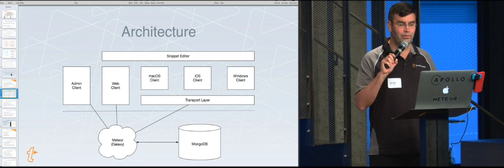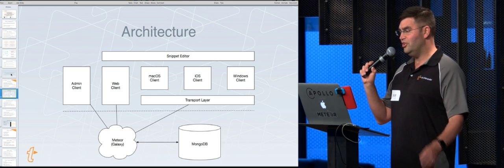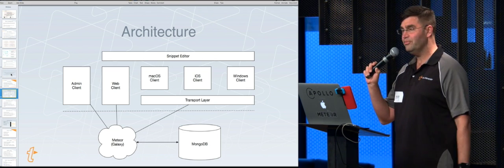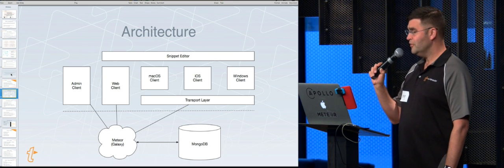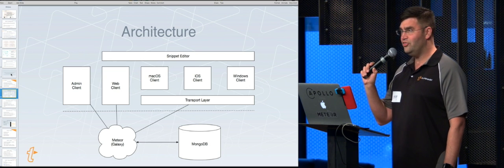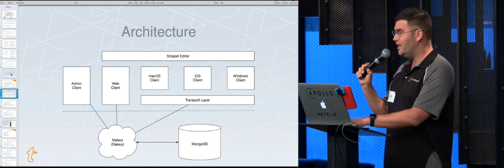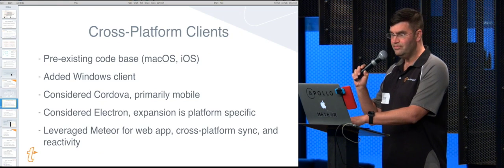Then we also have the web client, which includes the snippet editor, which is also written in JavaScript and is shared across all of our clients. Then there's the Mac, iOS, and Windows clients, which share underneath them a transport layer that interfaces with Meteor, and that's how we get the snippets across and sync them between the clients.